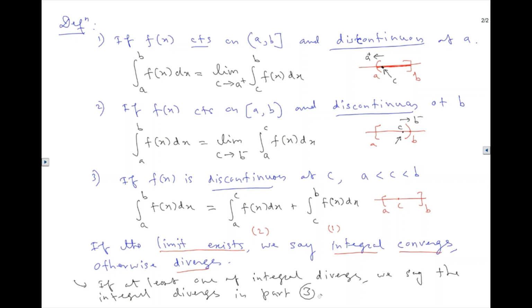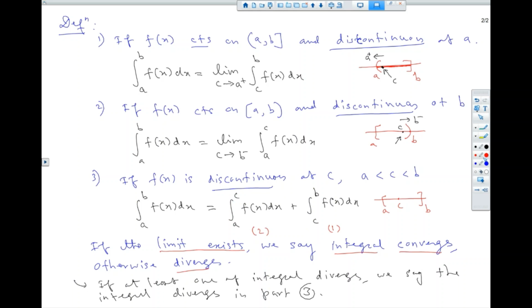Okay, so part 3 is different. There are two integrals. We're going to check whether at least one of them diverges. If at least one of them diverges, we say the whole integral diverges. So now what we need to do is look at several examples and see how it goes.